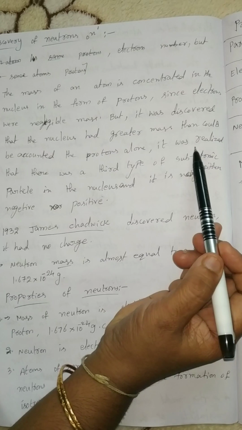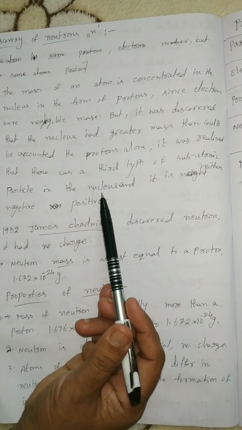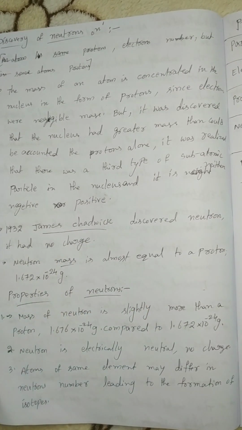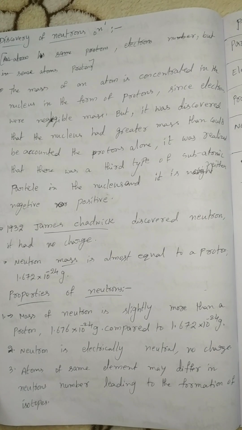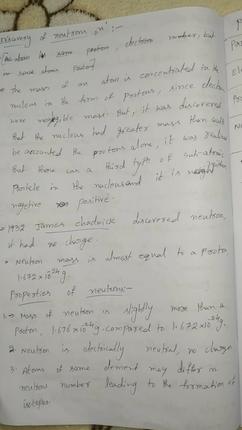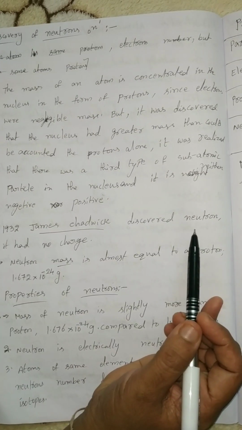It was realized that there was a third type of subatomic particle in the nucleus, and it is neither negative nor positive. So what is the particle? That is the neutron. So in the nucleus, protons and neutrons are present. In 1932, James Chadwick discovered neutrons.